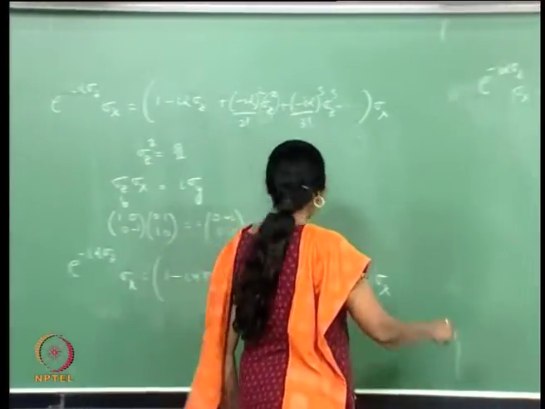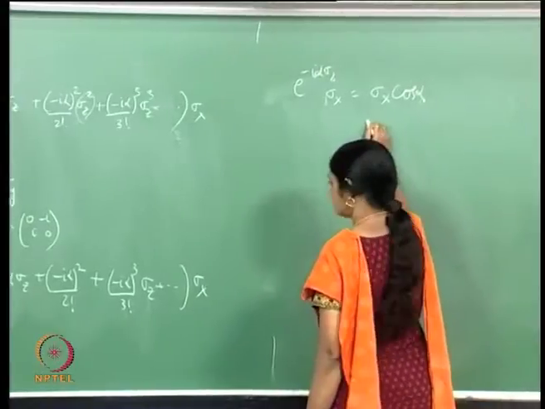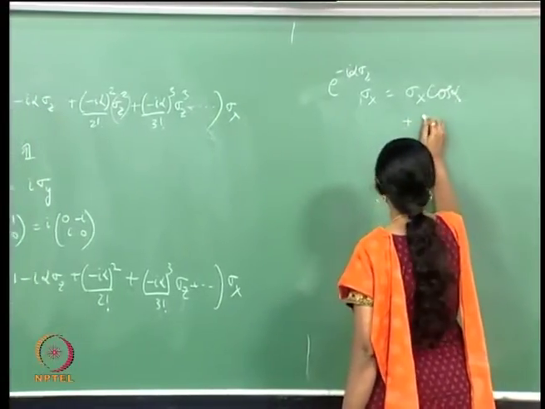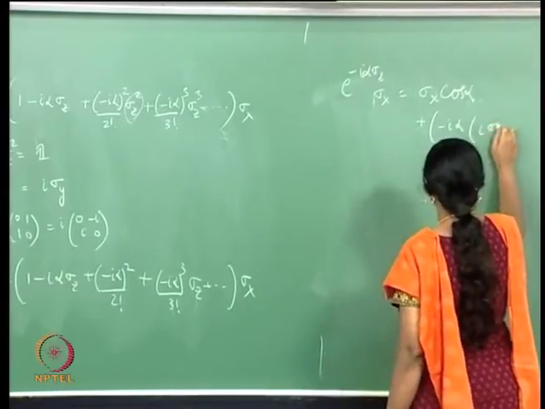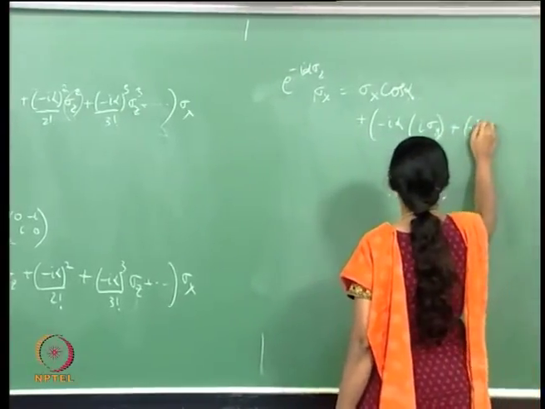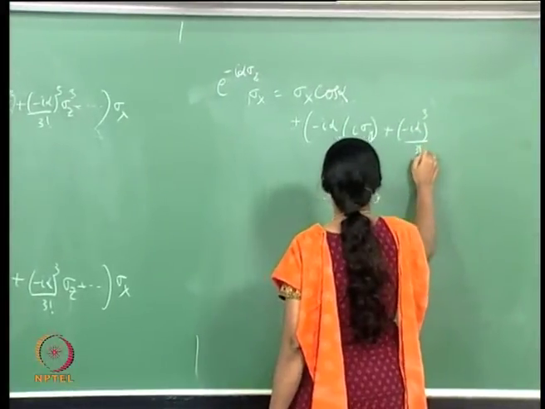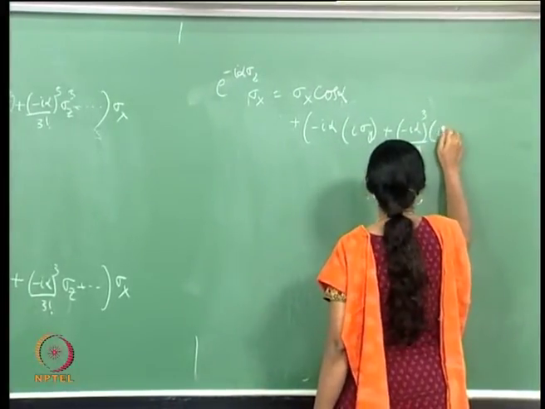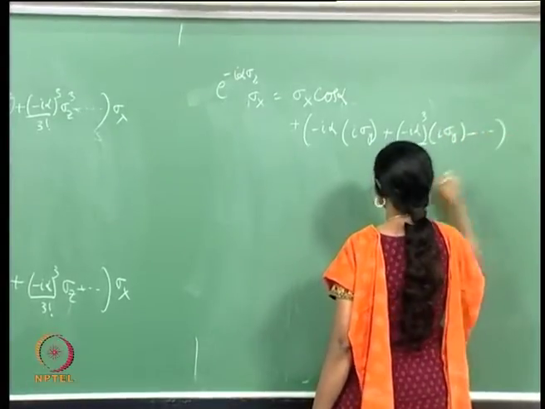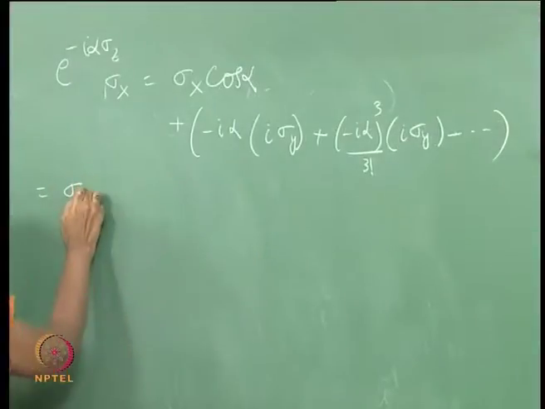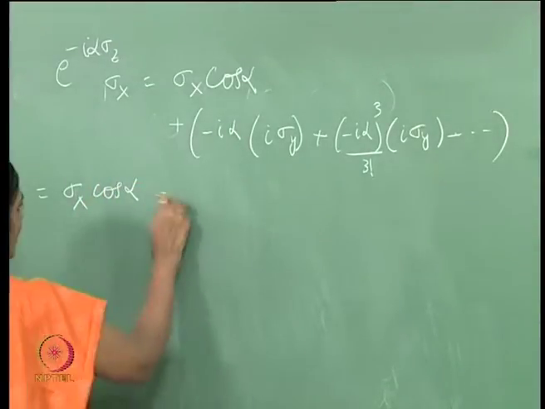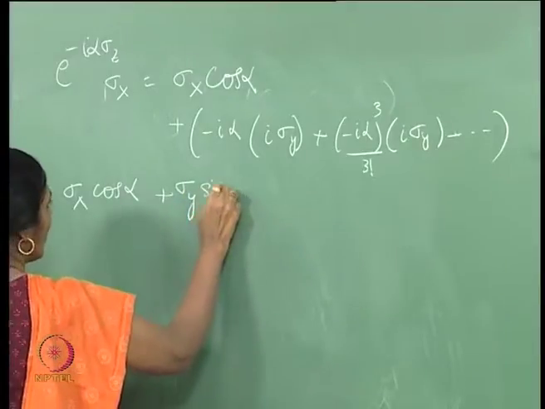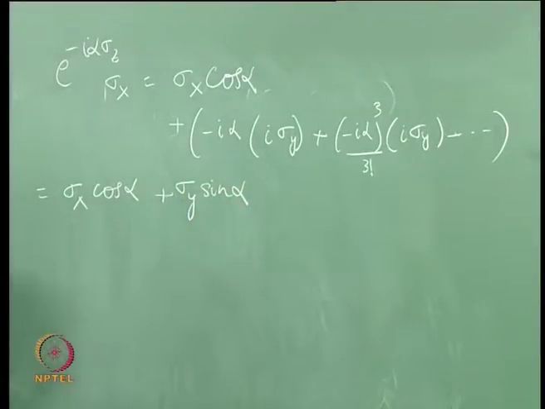So, this object is sigma x cos alpha plus minus I alpha sigma z sigma x, which is I sigma y, plus minus I alpha the whole cubed by 3 factorial sigma z sigma x, which is I sigma y, plus so on. It is very clear that this object is simply sigma x cos alpha plus sigma y sin alpha.